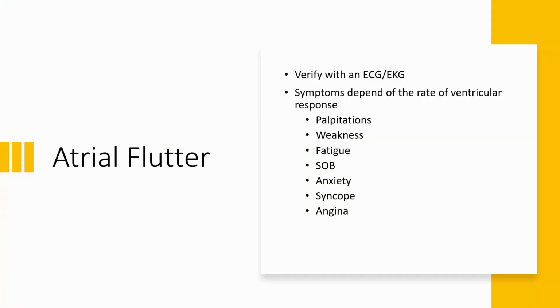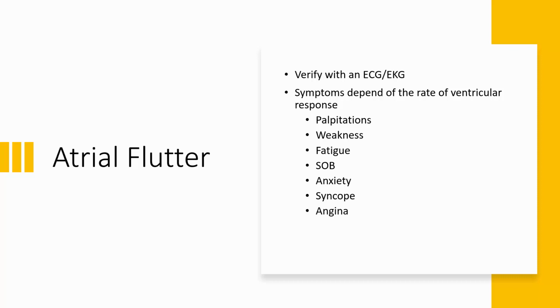Again, your symptoms are going to depend on what the overall ventricular rate or ventricular response is. The main thing we're worried about here with A flutter is decreased cardiac output. So guys, the symptoms you're going to see are all related to that. Your patient's pale. They have shortness of breath, fatigue, weakness, anxiety.